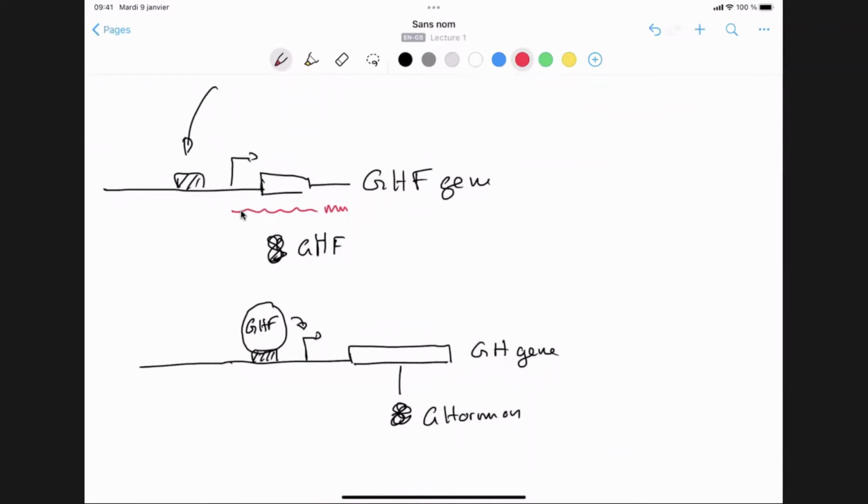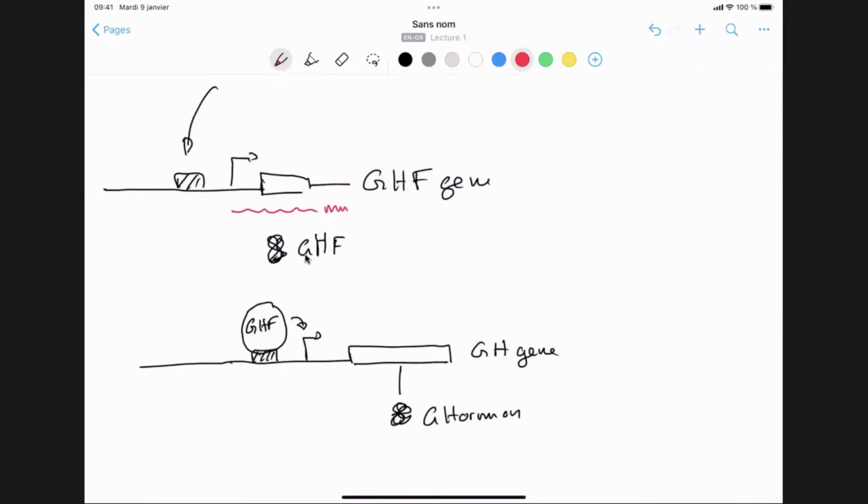Because if this gene cannot be transcribed, the problem is coming from the promoter of GHF. After, you propose the second possibility, which is totally good. You are saying that the GHF gene is working, so it is transcribed, so no problem in the promoter. The mRNA is transcribed, the protein is produced, but it cannot recognize the promoter of GH. Is that right?